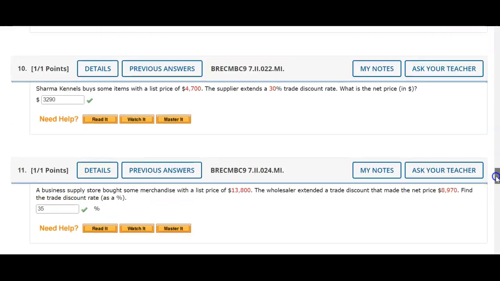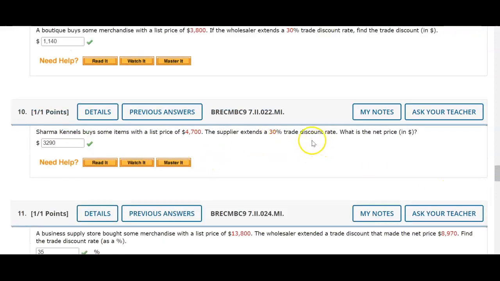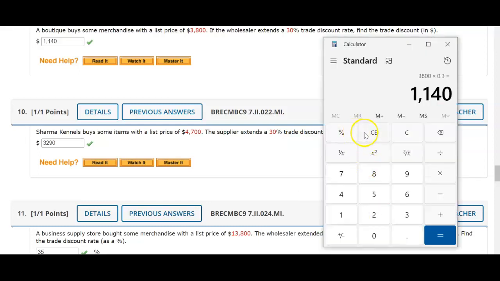All right, number 10, the net price. Okay, so we have a discount of 30%. So to get the discount amount, remember you take your list price times your discount rate of 0.30. I already changed that to a decimal. You'll automatically start doing that.